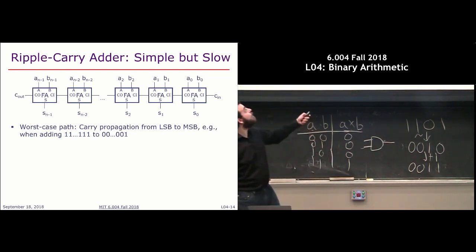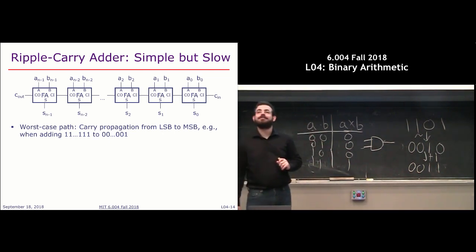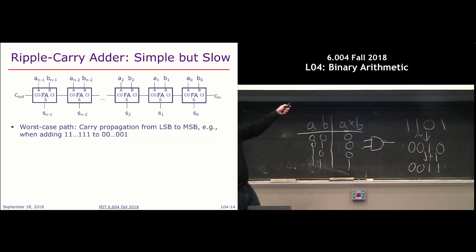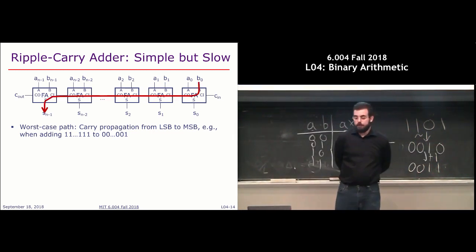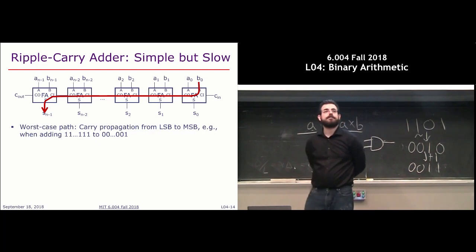And then you flip B0 from 0 to 1. So initially, all the carries are 0, and then what you get is this flip causes this carry to go from 0 to 1, which causes this carry to go from 0 to 1, which causes this carry to go from 0 to 1. And essentially what you have is a chain of propagation delays of each full adder, right?